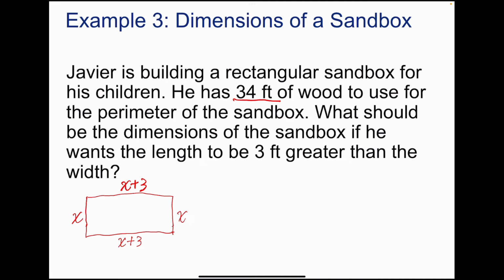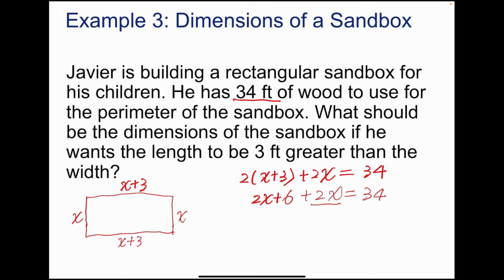So therefore, if we sum it up, we would get 2 times (x plus 3), the same as x plus 3 plus x plus 3, plus 2 times x, the sum of the lengths of the shorter sides, and altogether this should sum to 34. And then we just solve it. So we get 2(x plus 3), or if we distribute, 2 times x is 2x, 2 times 3 is 6, and then we put plus 2x equals 34.